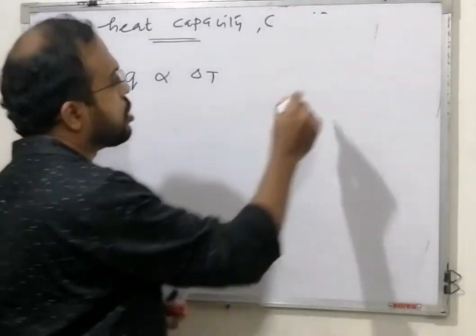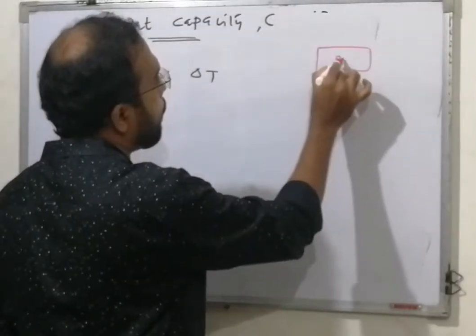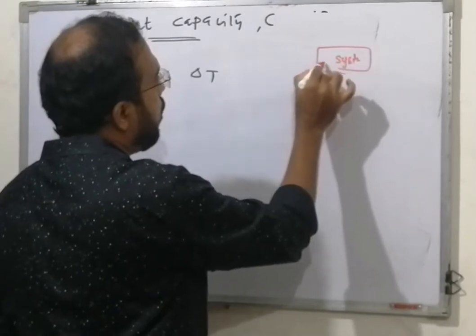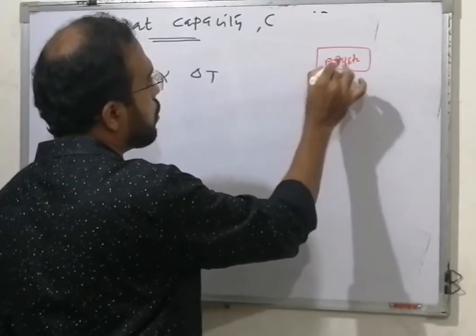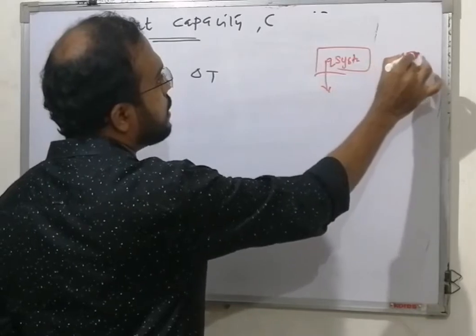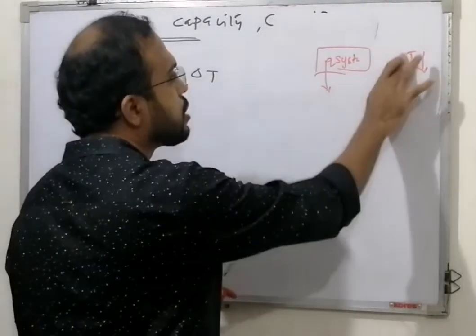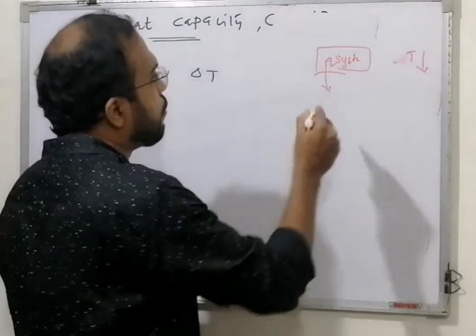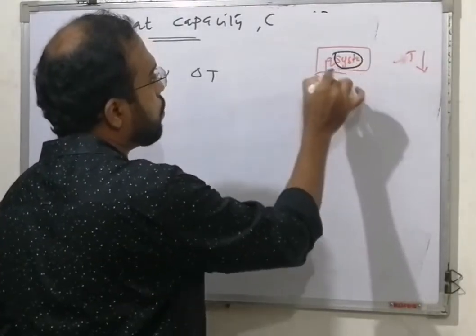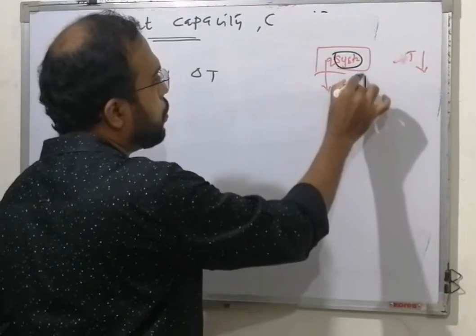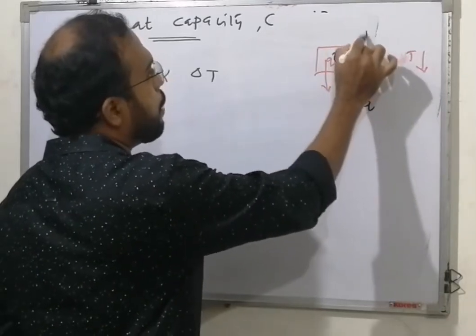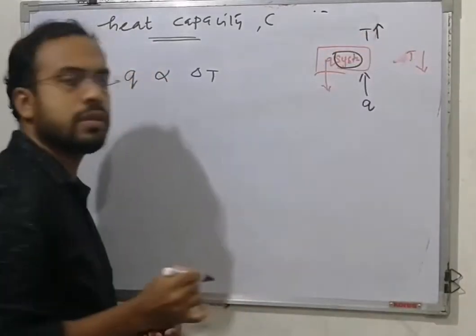You have a system, any system. If Q is released, delta T decreases, the temperature decreases. If you give Q to the system, the temperature of the system will increase.